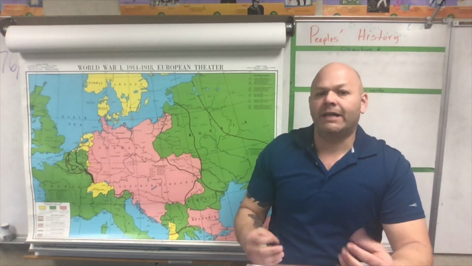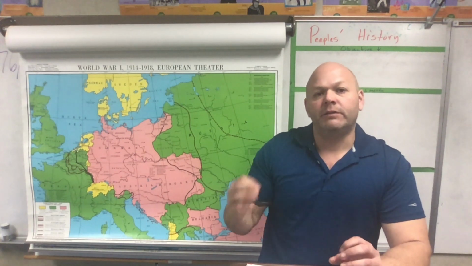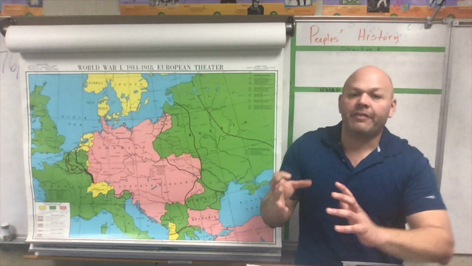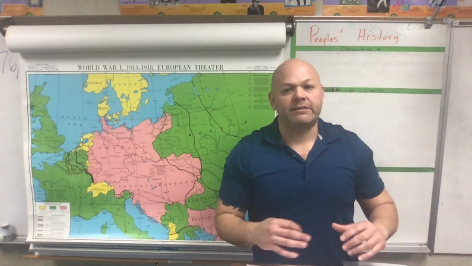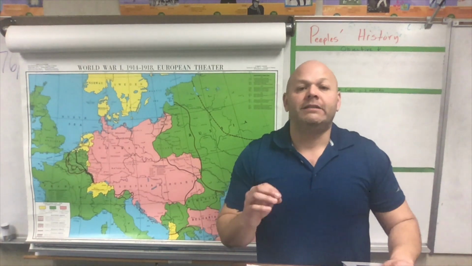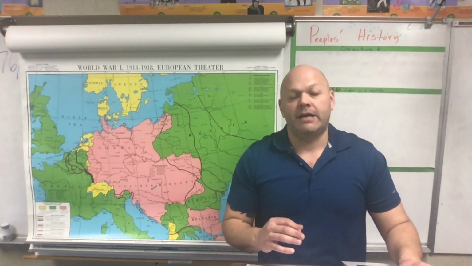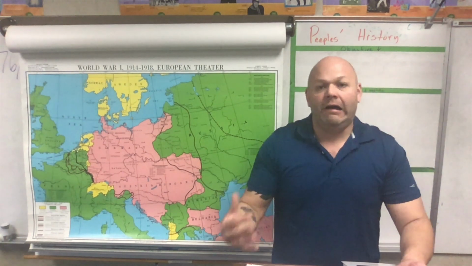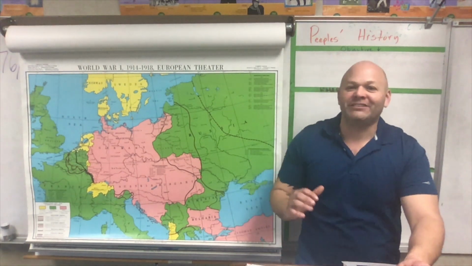So the way it kind of worked out is none of these countries believed that there was an unexpected event, right, that they did not think was going to take place, and that was the assassination of Archduke Franz Ferdinand. World War I did not begin because of the assassination of Archduke Franz Ferdinand. It was a result of the assassination of Archduke Franz Ferdinand.